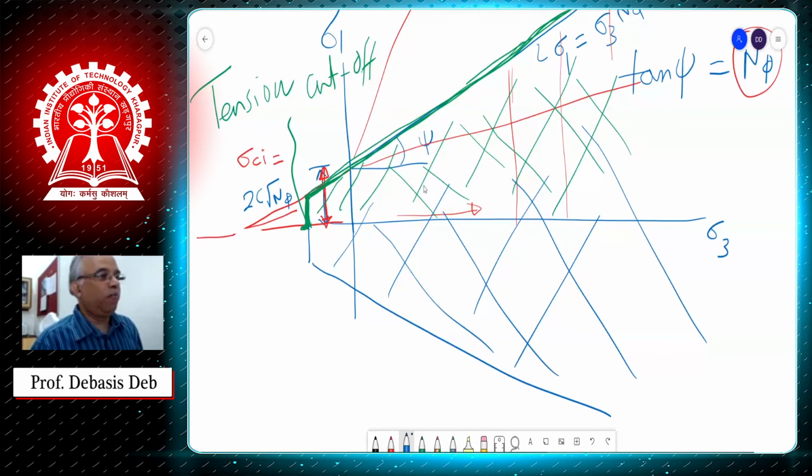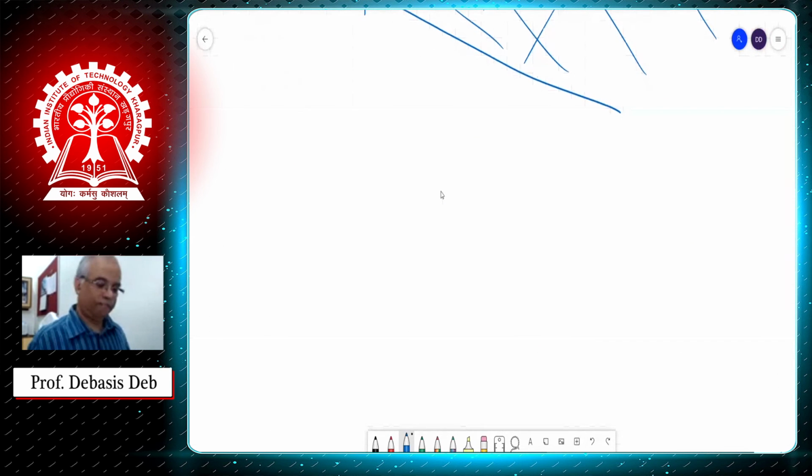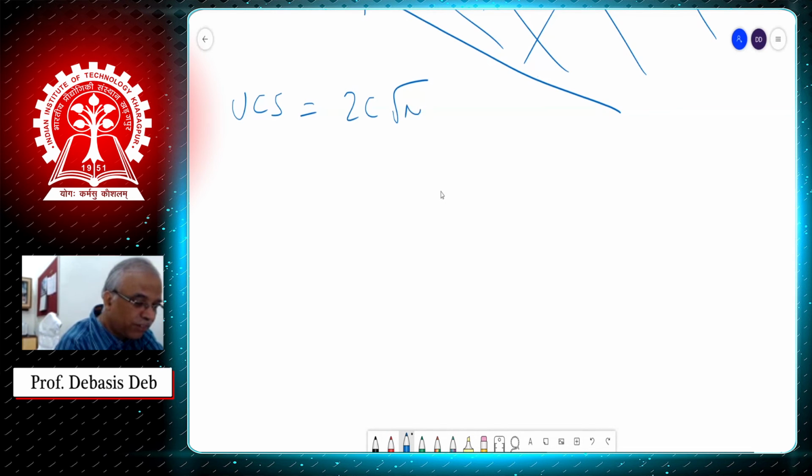Now we got two things: the theoretical UCS, which is 2C square root of N phi. This is my uniaxial compressive strength, and you can see under this we have cohesion, we also have friction.